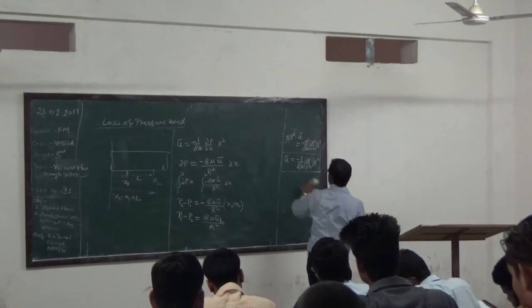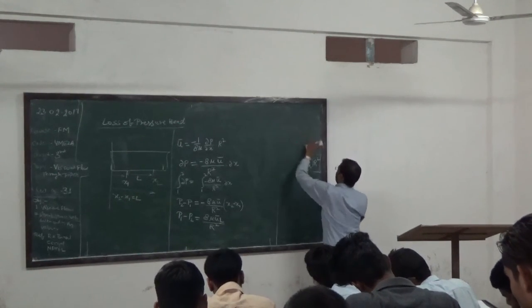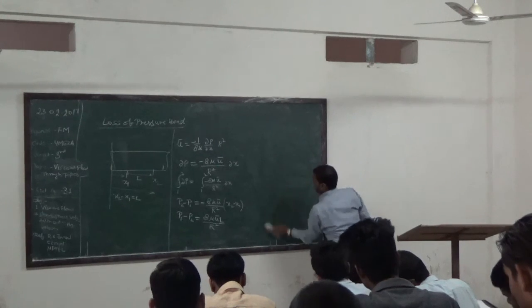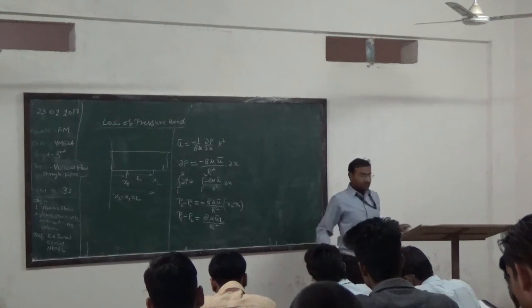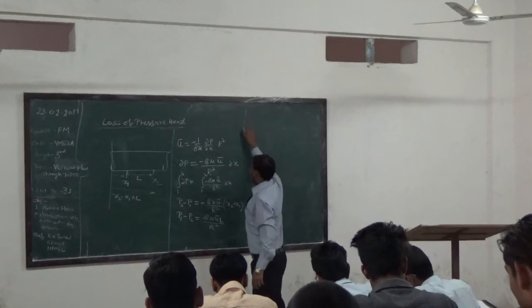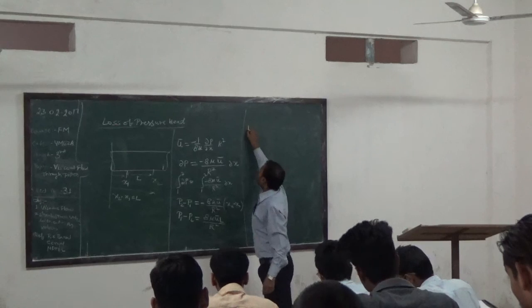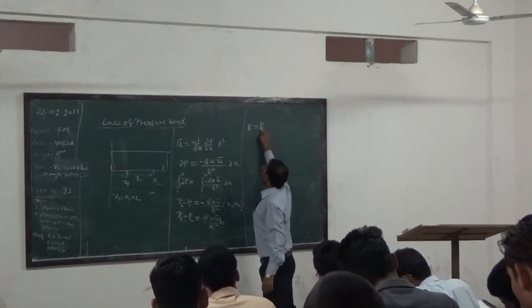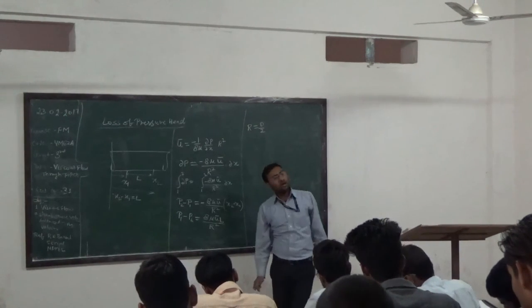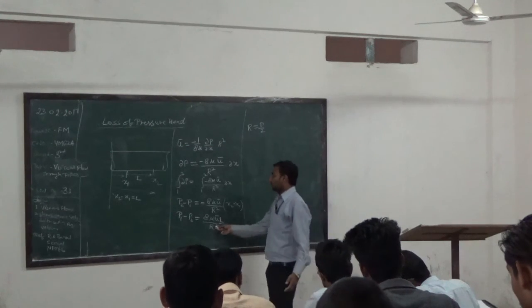Now in diameter form, also you can write in diameter form, the radius is d by 2, half of the diameter. Just put that.